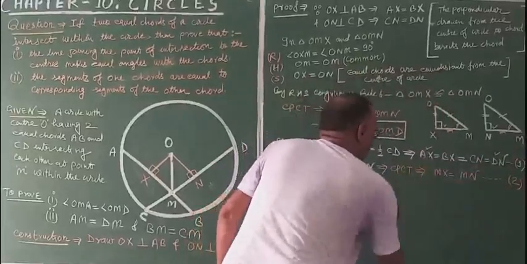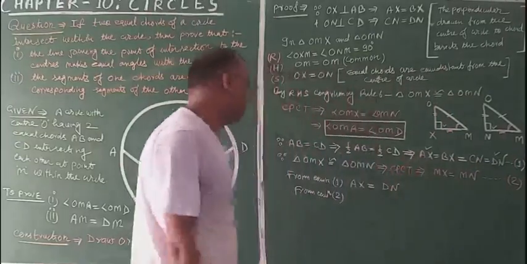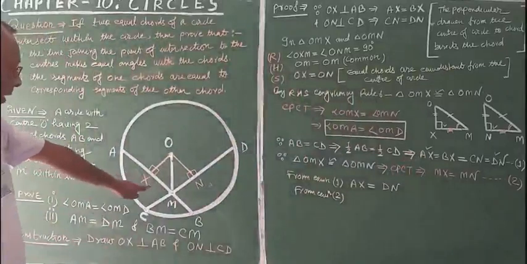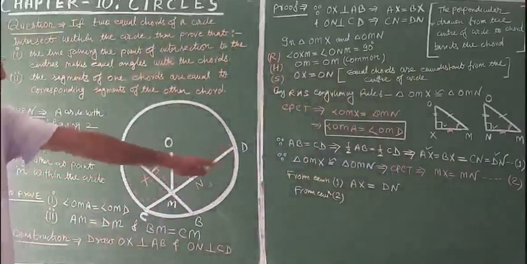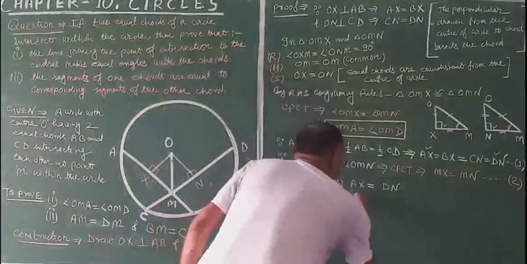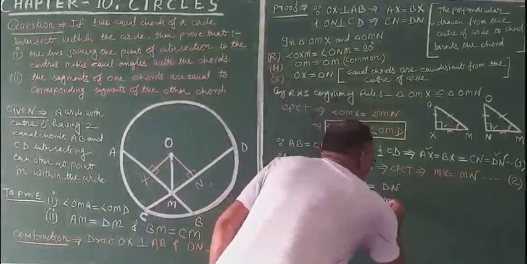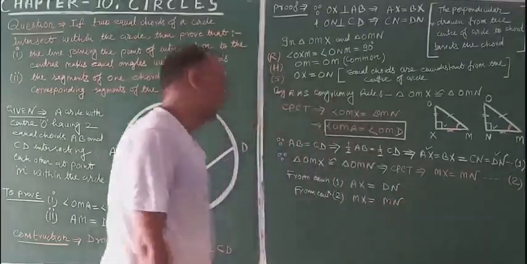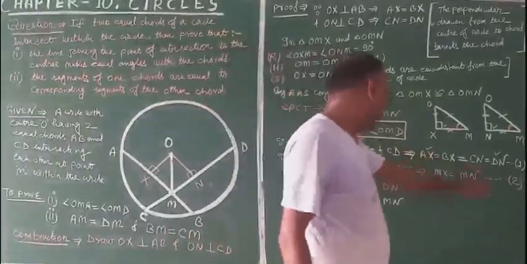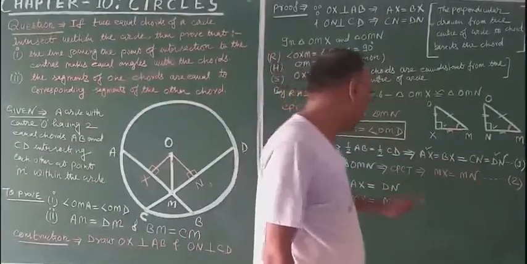AX is equal to DN, this is from first, and from second, MX is equal to MN. From equation first, AX is equal to DN, and from second, MX is equal to MN.